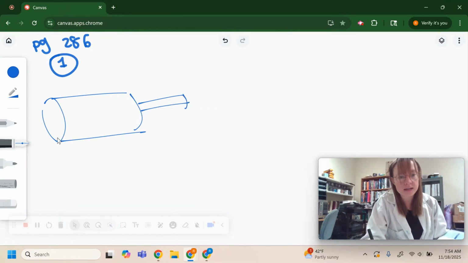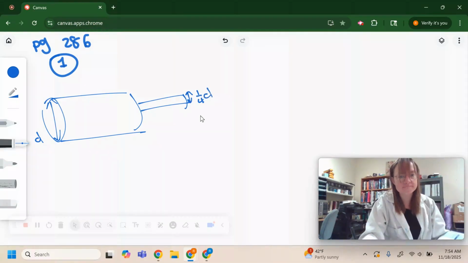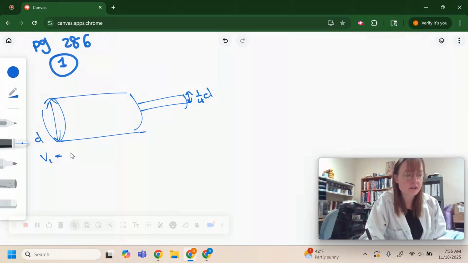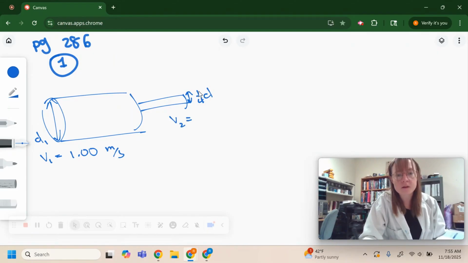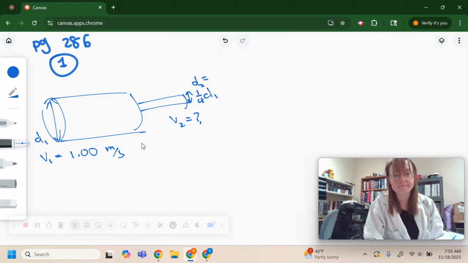So if we originally had a diameter here of D, then the diameter here is going to be 1/4 of D. The question is, if the water starts by flowing with an initial speed over here of 1.00 meters per second when the diameter is D1, what will the speed of the water be over here when the second diameter, D2, is equal to 1/4 of D1?